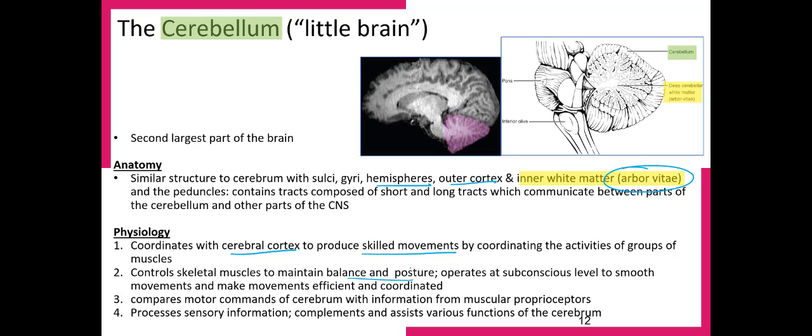It also receives information from muscular proprioceptors. So proprioceptors are these sensory receptors in different parts of our muscle that tell us our relative location or position of different muscles in our body. And so imagine if you're teaching someone to shoot hoops on a basketball court, that involves the cerebellum, because the cerebellum receives information from the various body parts as you're running, doing a layup, shooting hoops, what have you.